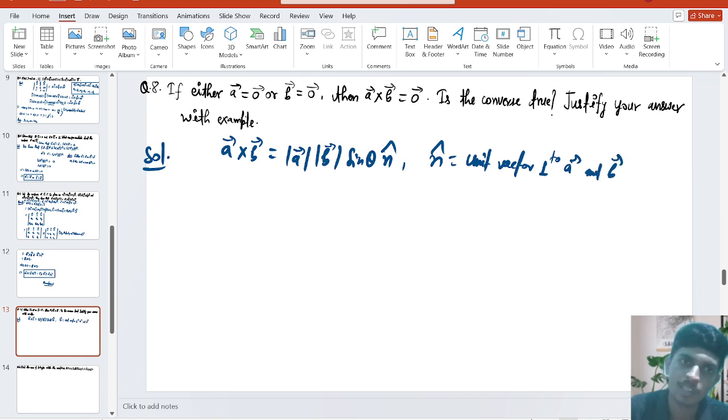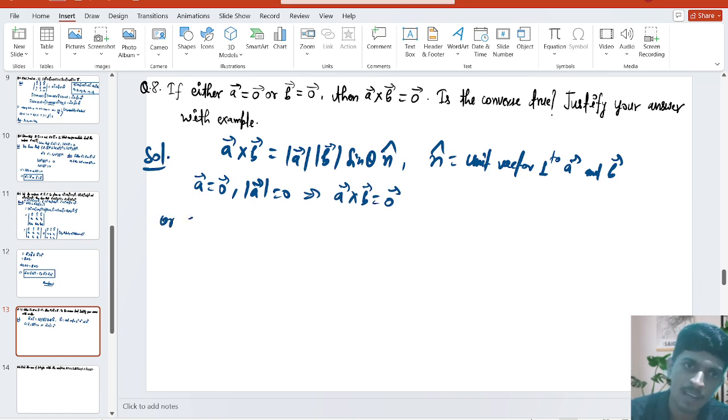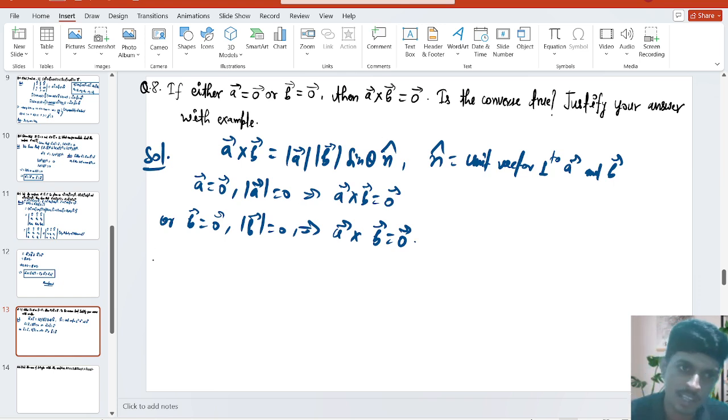If vector A equals 0 vector, the modulus of vector A equals 0, so vector A cross B equals 0. If vector B equals 0, its modulus equals 0, and using this it becomes vector A cross vector B equals 0. Now what is the converse of this?